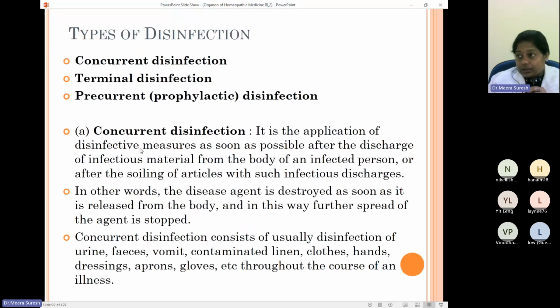That is a type of concurrent disinfection. So concurrent disinfection usually consists of the disinfection of urine, feces, vomit, contaminated linen, clothes, hands, dressings, aprons, gloves, etc., throughout the course of an illness.